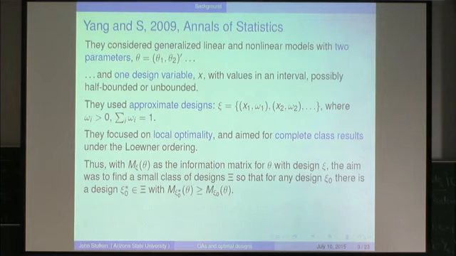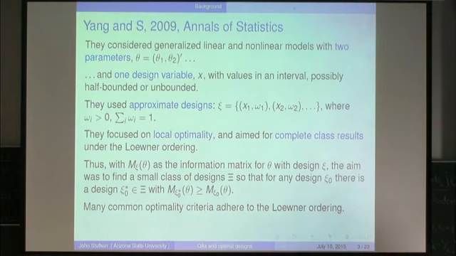Can we find such classes? And of course, such classes exist. Before going to that point, first let's observe that if you're looking for a D-optimal design, the implication is that you can just look in this small class of designs, because if I can always find a design that's better in the Loewner ordering than your design, then I can also find a design that's better in D-optimality than any design that you give me.